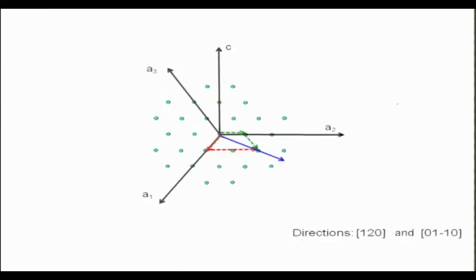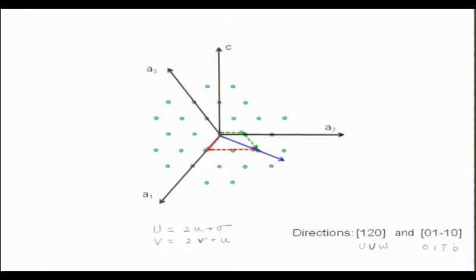So, [1 2 0] can be converted into [0 1 1̄ 0], because you know that capital U is equal to 2u plus v, capital V is equal to 2v plus u. So these are capital U, capital V and capital W, you can determine small u, small v, small w, which will come out to be [0 1 1̄ 0].